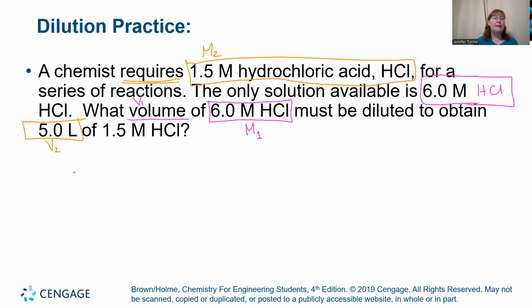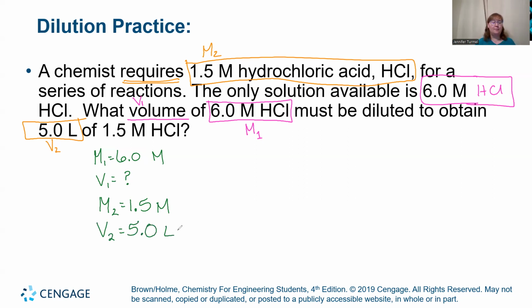Let's list these out. M1 equals 6 molar. V1 is what we're looking for. M2 equals 1.5 molar. And V2 is the volume that we need, or 5.0 liters.